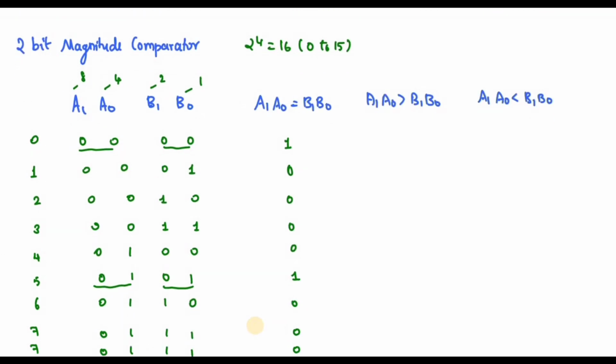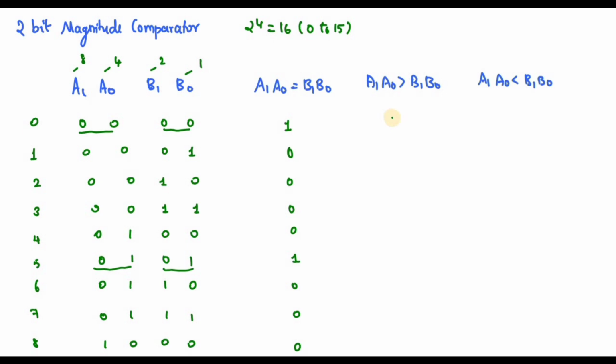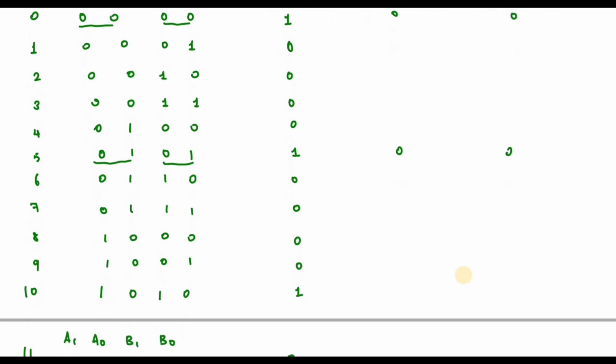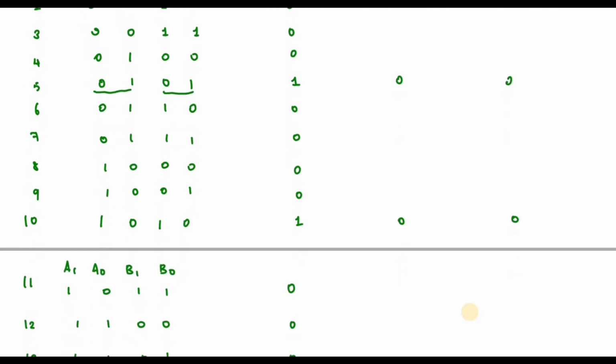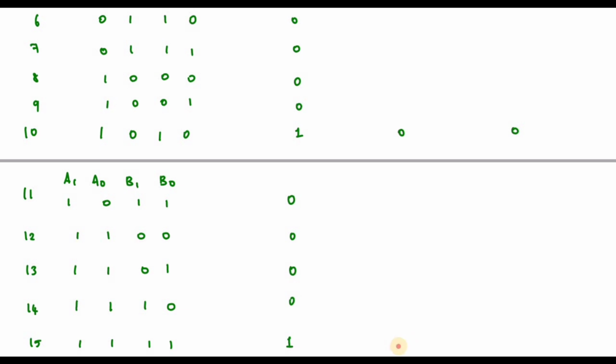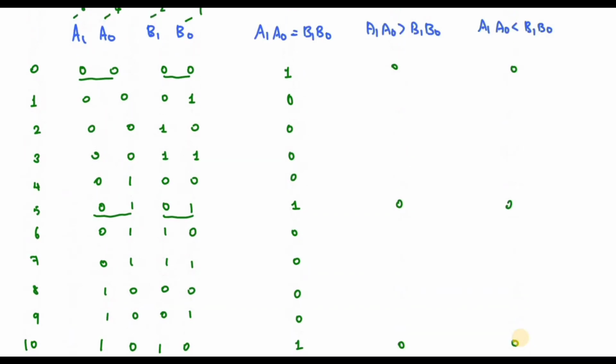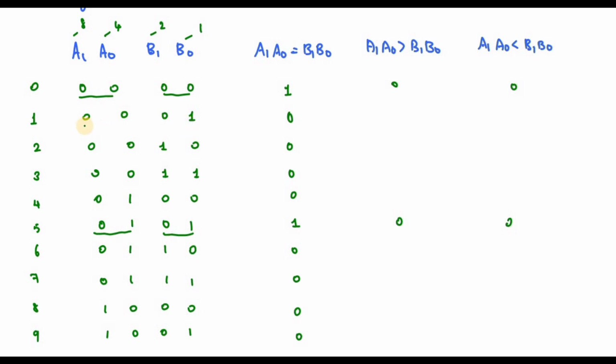Similarly, A1 A0 is greater than B1 B0. So for the rest of the values, it is 0, right? So here you can see A1 A0 is 0 and B1 B0 is 1.